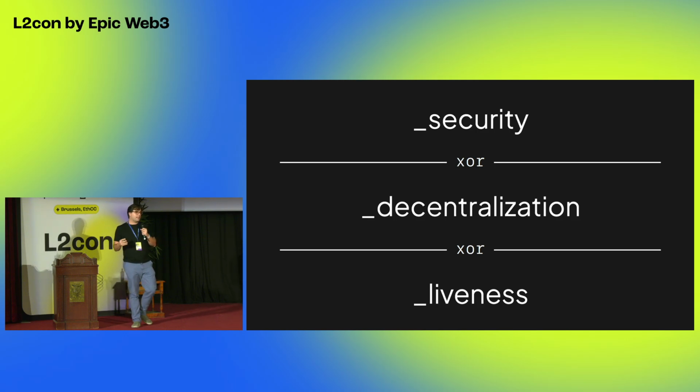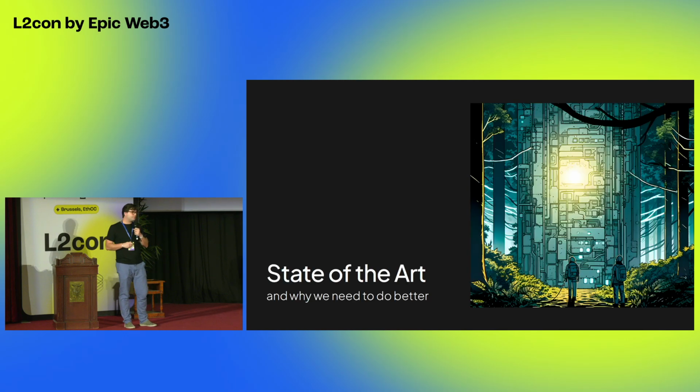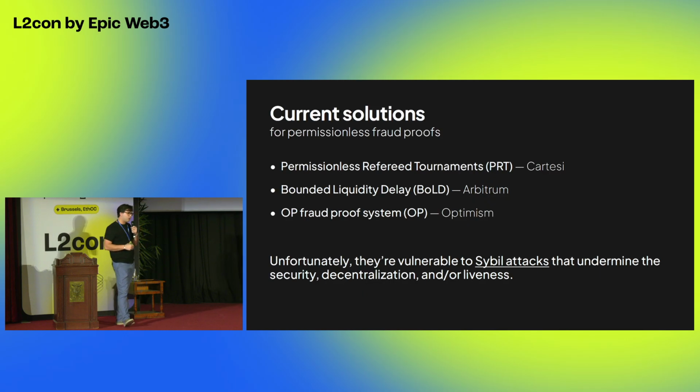So I guess there are three main solutions today, three main algorithm designs. Because it's quite hard to land on all those three criteria at the same time, each of them ended up taking a different trade-off. As I said, we are application specific, so we took a specific trade-off that is different from Arbitrum and Optimism.